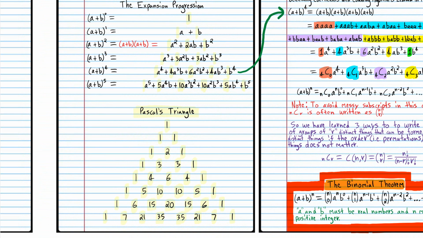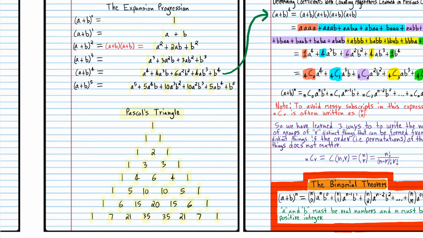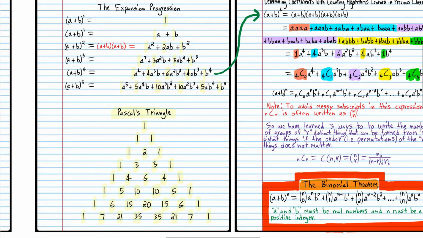Now, mathematicians have come up with something called Pascal's triangle, which is all of the coefficients of this expansion progression. So you see that we have 6 here. That's the same 6 you have up there. These are just the same numbers that we're seeing in this expansion. So it looks like a triangle.